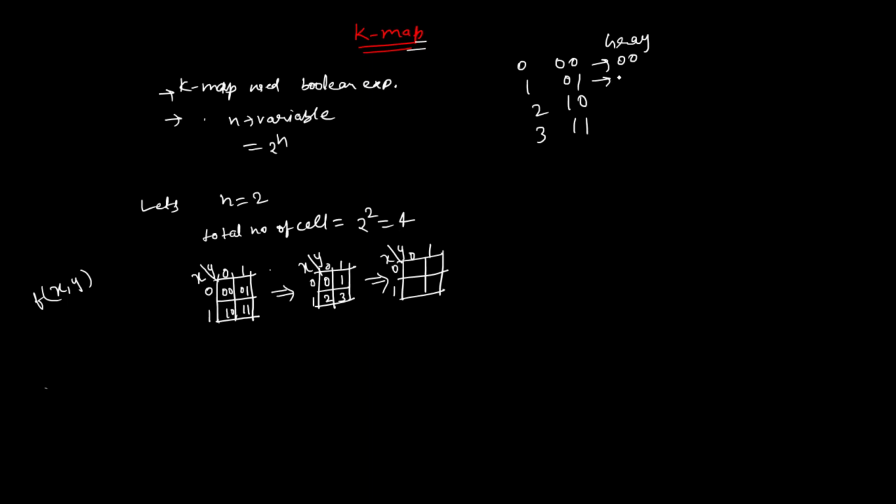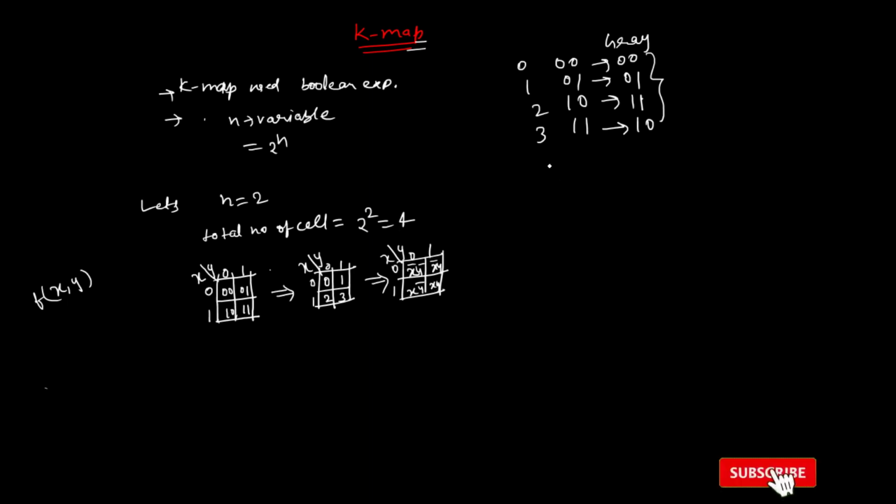Corresponding to this 00, corresponding to this 01, corresponding to this 11, and corresponding to this 10. Okay, so this is Gray code. We will see when we go for the 3 variable K-map and 4 variable K-map. Here it will be x' y', x' y, x y', then x y.